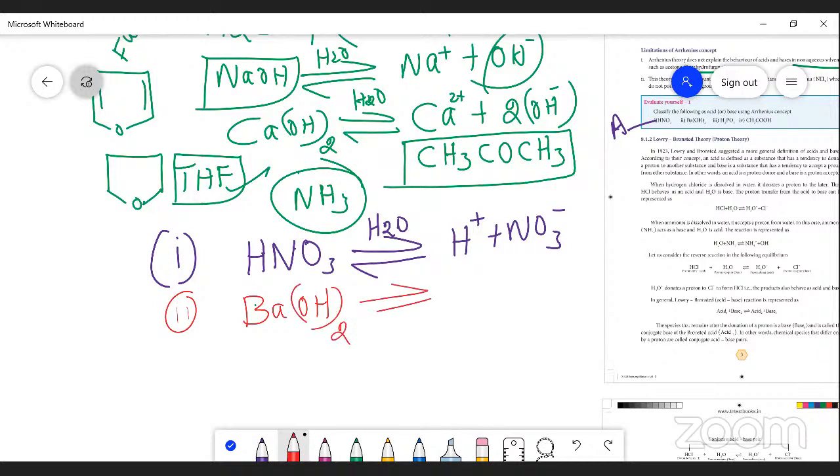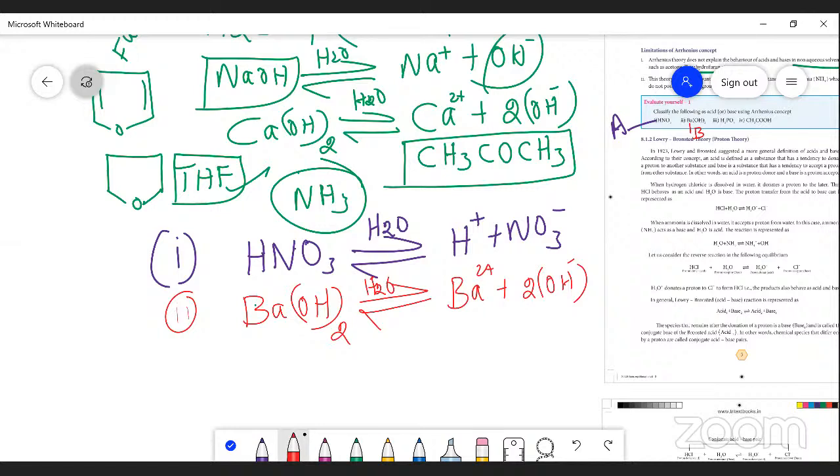When you apply the Arrhenius concept, you get Ba2+ and 2 OH-. So when I add water, barium hydroxide generates OH-. What is the nature of this barium hydroxide? It is a basic substance.